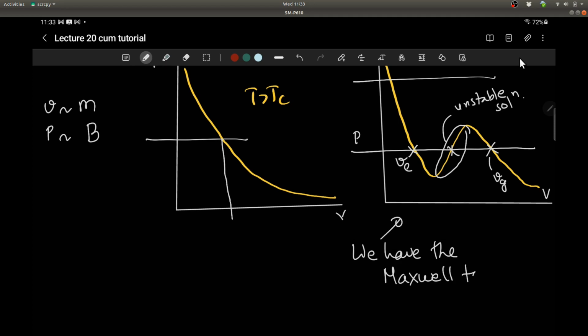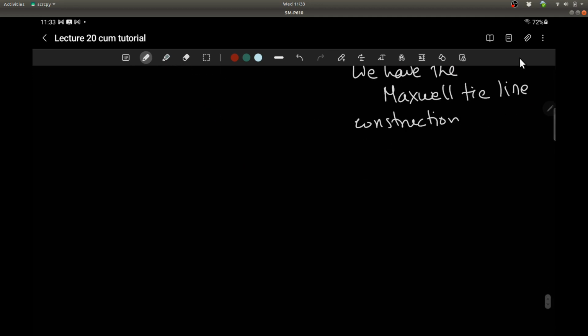So we have the Maxwell tie line construction. Okay, but it's not proven. It's just a statement. But once you do that, what you get is not that kind of curve. You get a different curve.